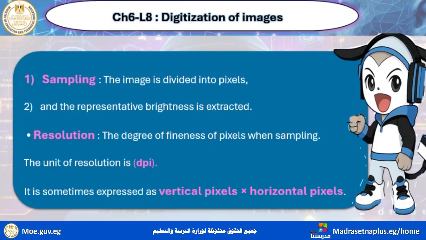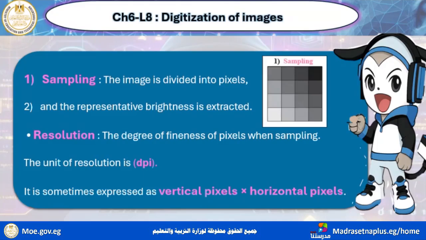Here we should introduce the definition of resolution, the degree of fineness of pixels when sampling. The unit of resolution is called dpi. It is sometimes expressed as vertical pixels multiplied by horizontal pixels. So the dpi or the resolution is equal to vertical pixels multiplied by horizontal pixels.